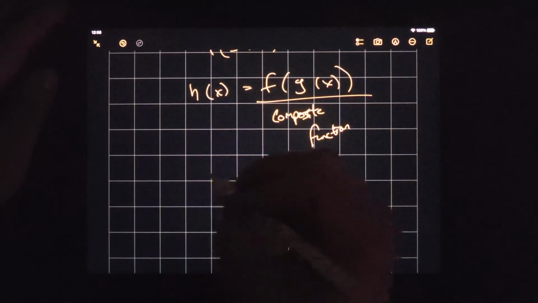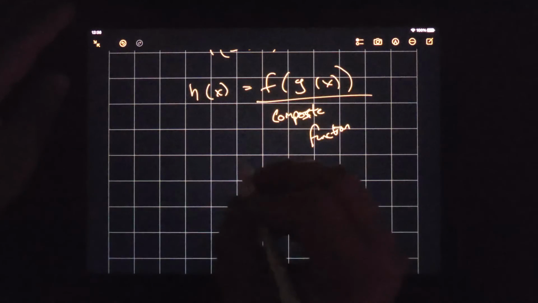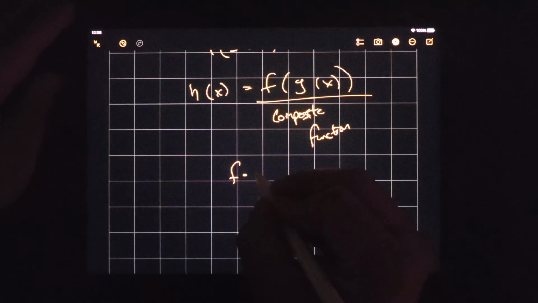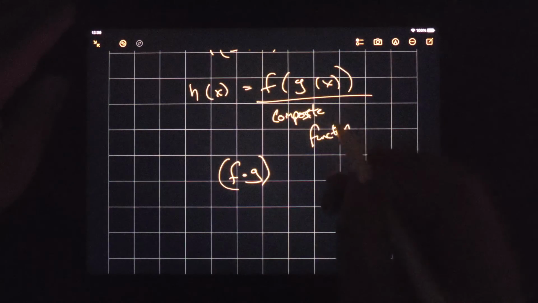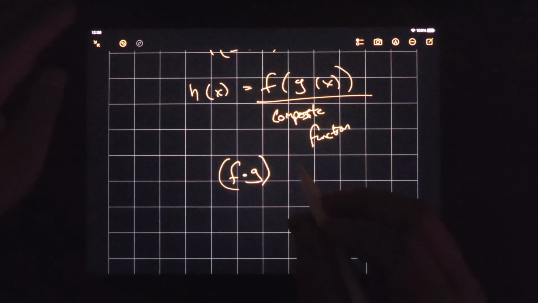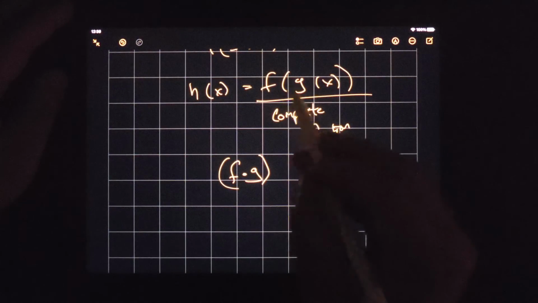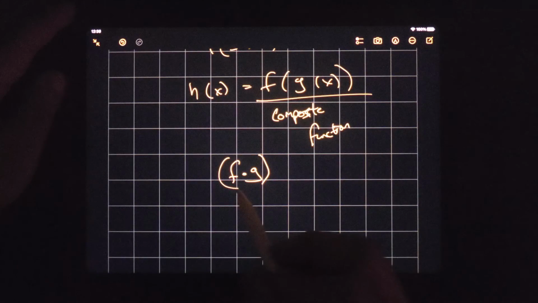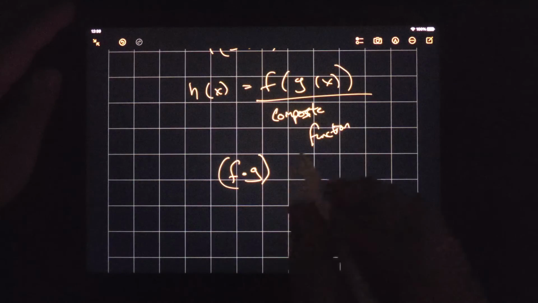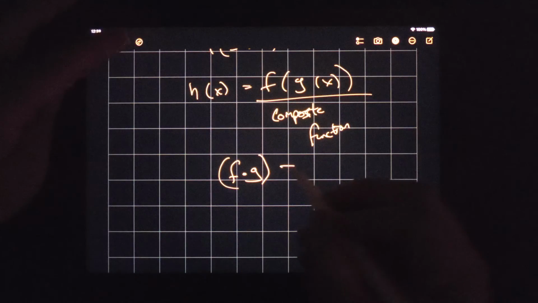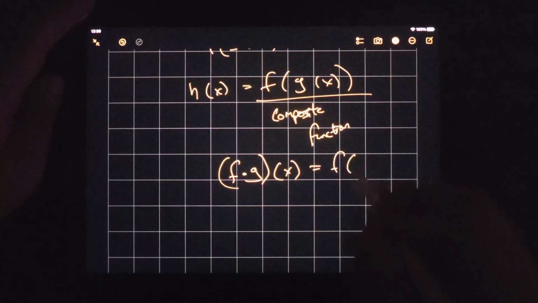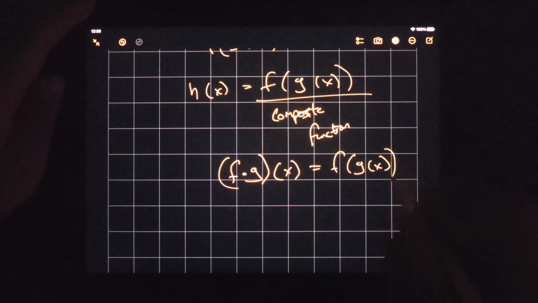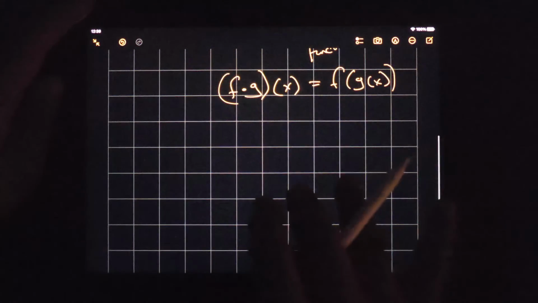You can note it as such: f times g. That is a composite function, which basically means this right here. So, given two functions, f and g, the composite function, which can be written like that, is actually f times g of x is equal to f of g of x. That is a composite function.